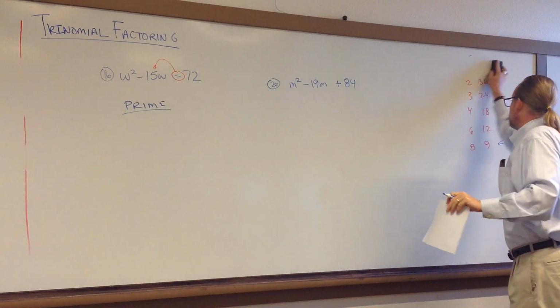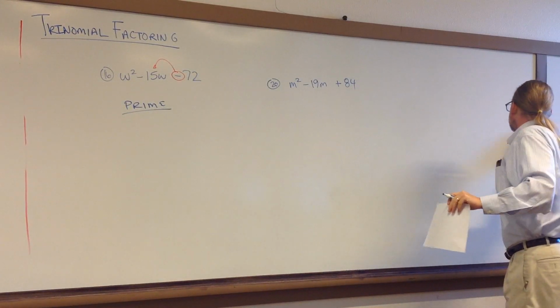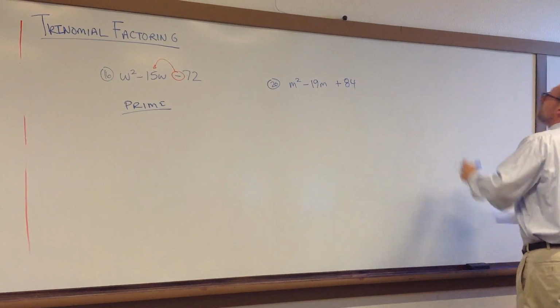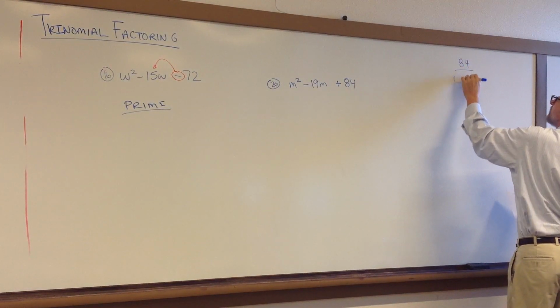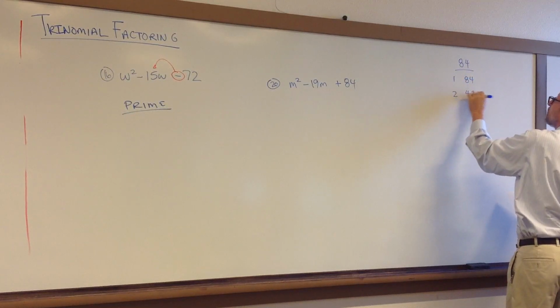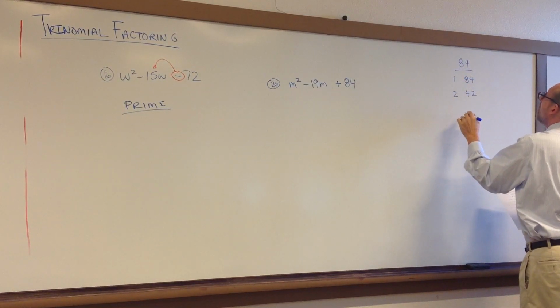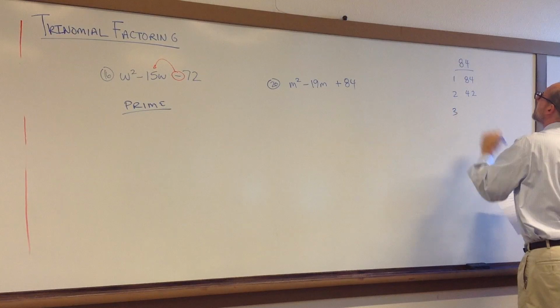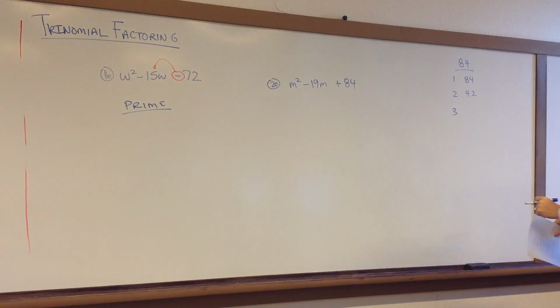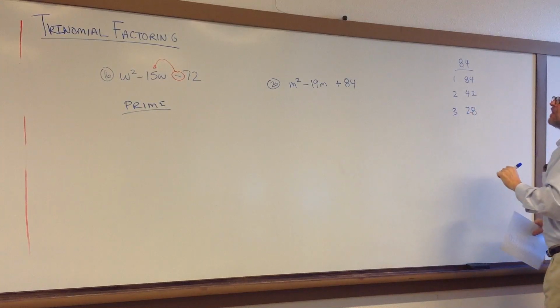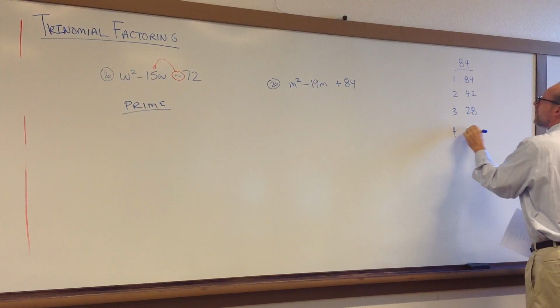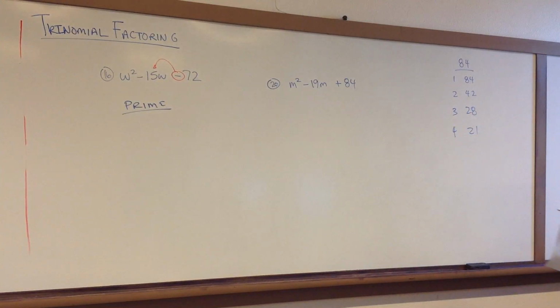Well, let's do the same thing for 84 that we did for 72 here. 84 is not quite as easy to factor, but we know 1 times 84, 2 times 42. 3 does divide in there evenly, doesn't it? It's going to be 3 and then times 28. And then 4 times 21.